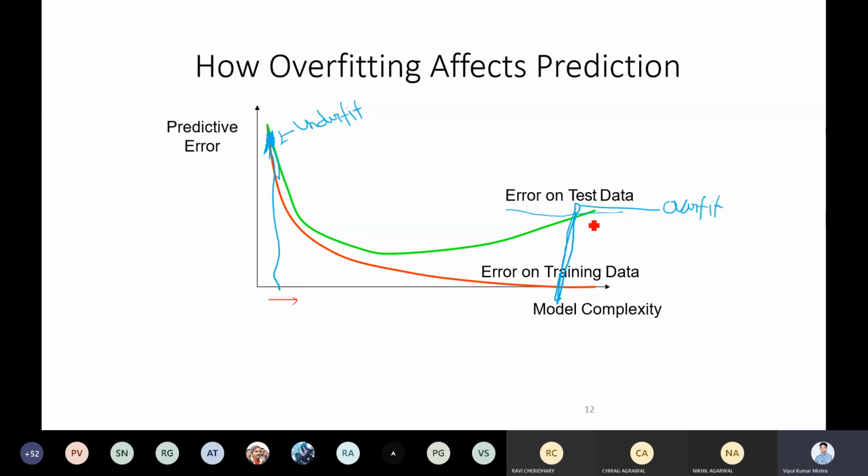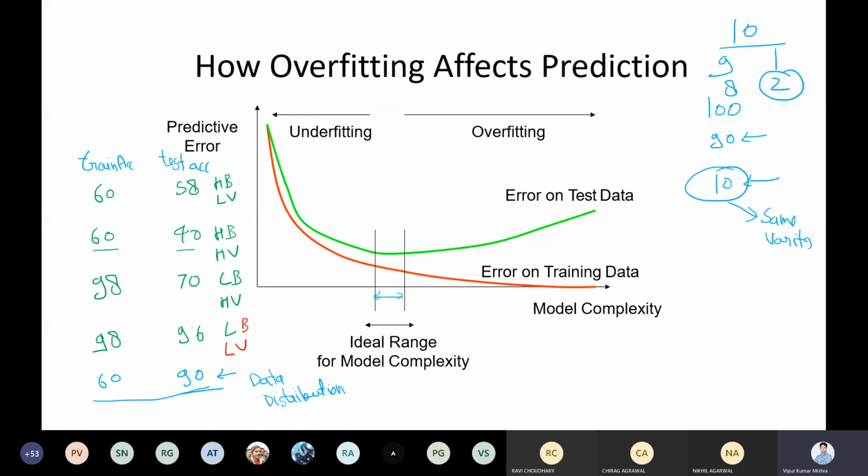And suppose you stop somewhere here at this point, then it is straightforwardly saying you have overfitted the model. Training loss is very low, but the testing loss, or testing error, is very high. It means your model is an overfit model, right? So this is like a good range for us.